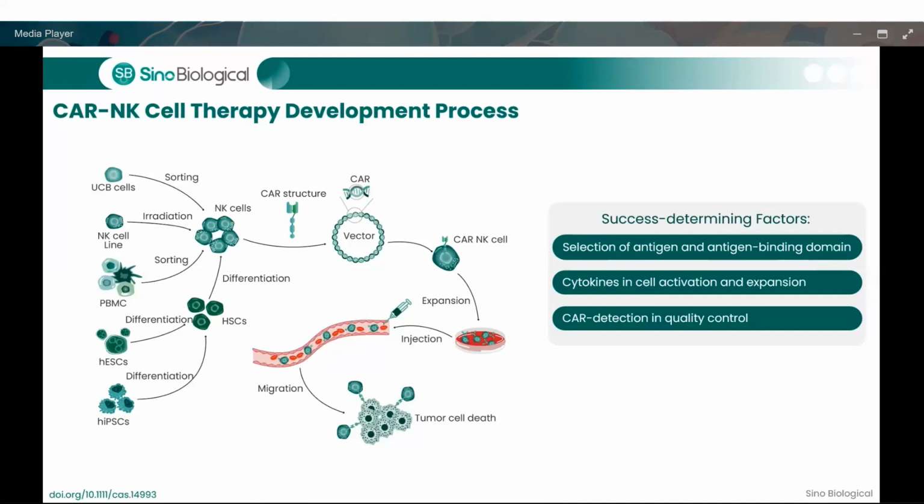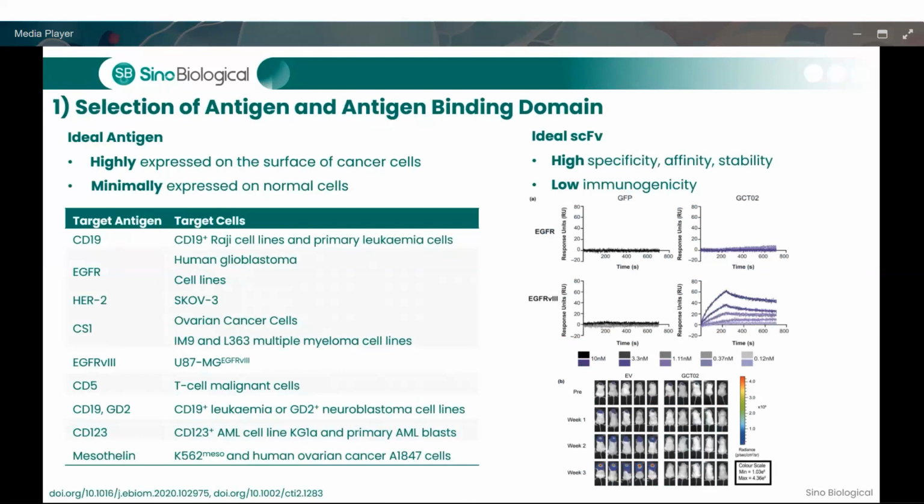Every step in the process could be a challenging part and determine whether a CAR NK product can be successful. I will address 3 of them today, which could be the most important factors during the whole process, as I mentioned in the previous slide.